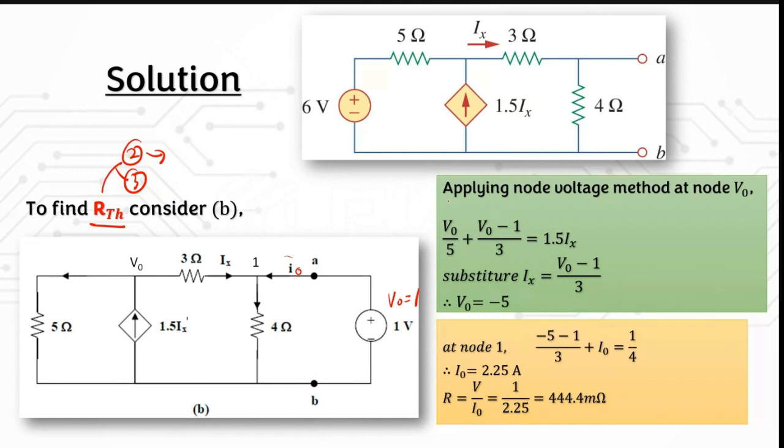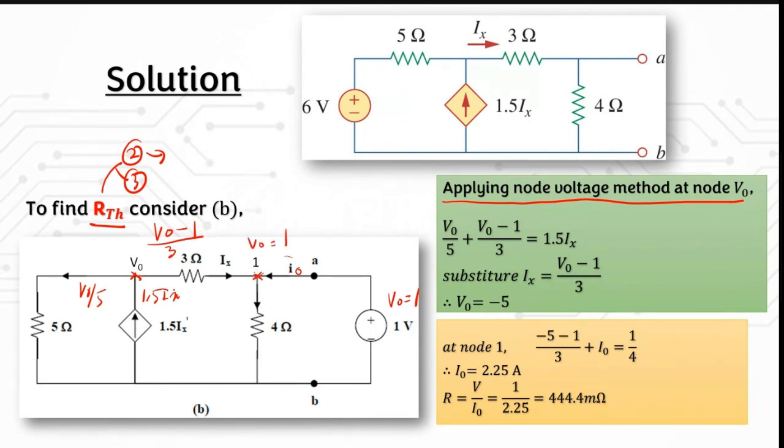Okay, so you can apply the node voltage method at this V node, and then you can find this value. Obviously, at node V node here, just follow the current directions, right? You will have here V node over 5, and this one is obviously 1.5 Ix, and this one is going to be V node minus 1 over 3, because this V node is already equal to 1.